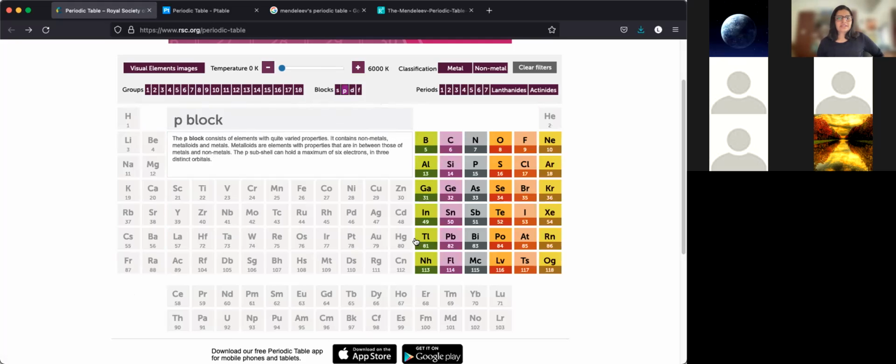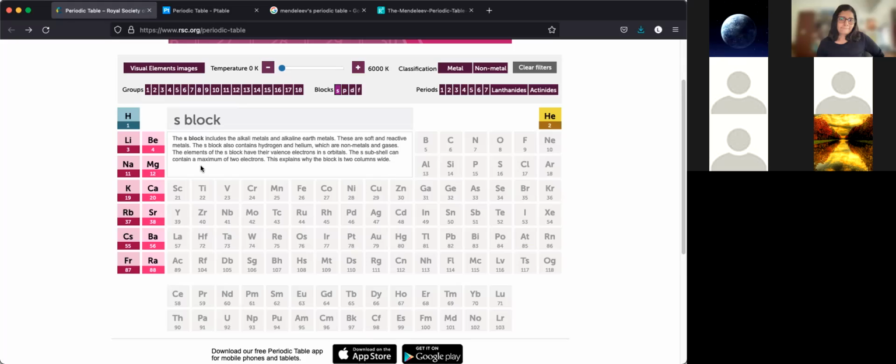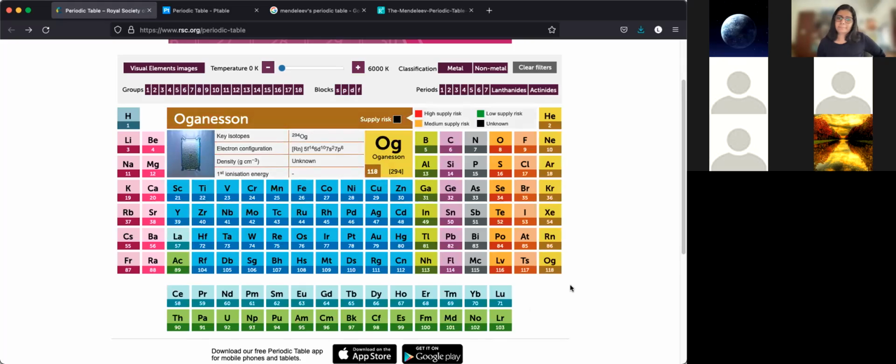P block contains. Yeah, Nikki, what's up? The 2 lines which are written outside the table, lanthanides and actinides. Yeah. For the entire straight line, they have put 1 box in the table. In the sense, I didn't get you. Can you display the whole table? Okay.